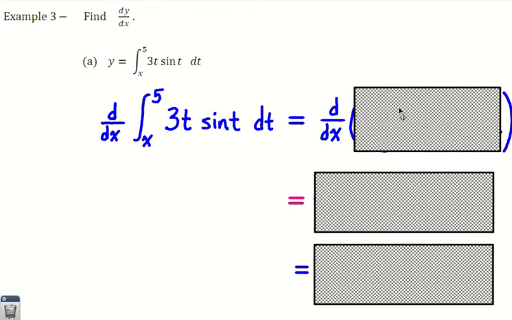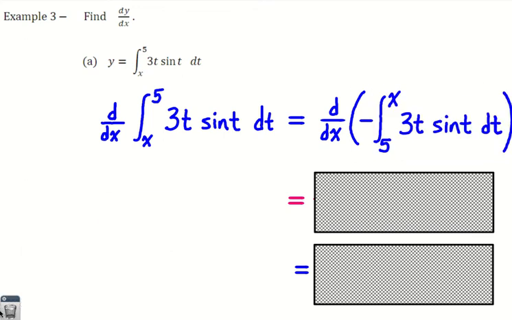Well, we just put a negative out in front. So this integral is basically the negative of this integral. We're just going to flip the integral like we need to, but put a negative out in front. And now we can just proceed, 5 to x.